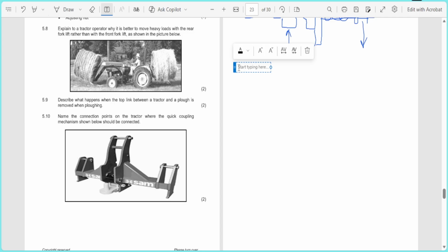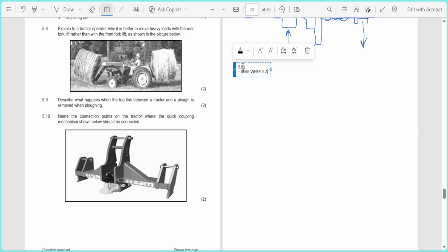So I would start off by saying that, for 5.8, I'm going to provide a reason.